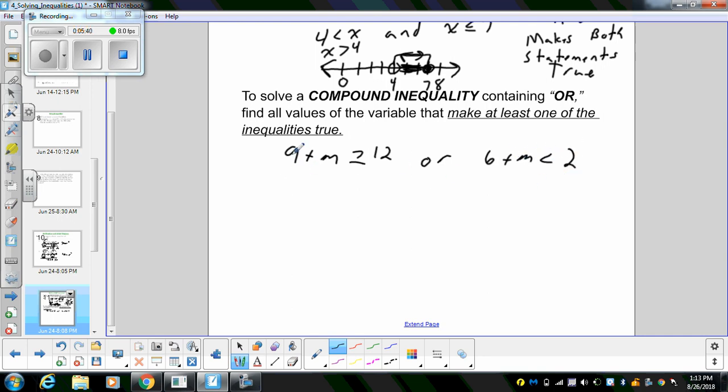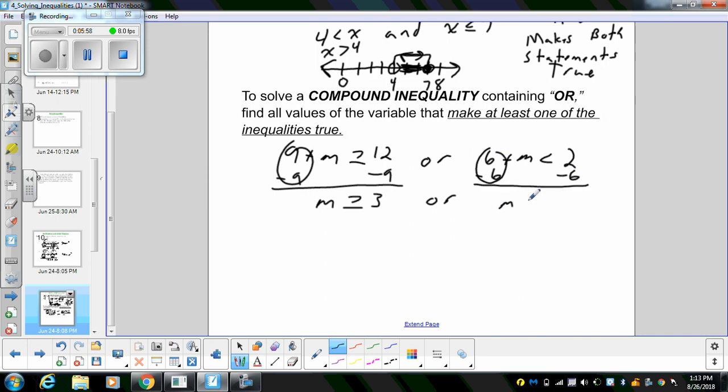So when I solve this, of course, I'm going to subtract 9 on both sides. That gives me m is greater than or equal to 3, or I'm going to subtract 6 now over here. m is less than negative 4. So again, or makes either statement true.